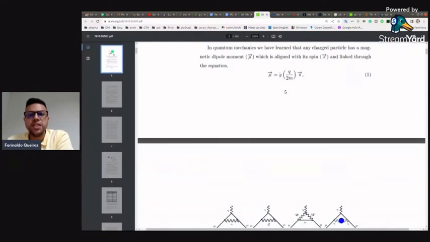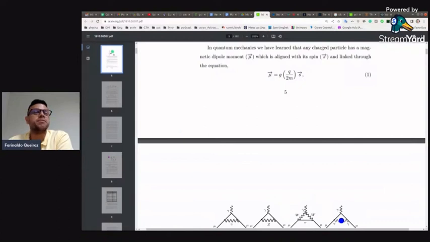So let's say I'm trying to test whether g is equal to 2. If this g is different from 2, I say we have an anomalous dipole moment. If it's equal to 2, there's no anomaly, so it's just the magnetic dipole moment. If it's different from 2, I say it's an anomalous magnetic moment. The way they quantify this g factor is by defining a factor a mu, which is g minus 2 over 2.